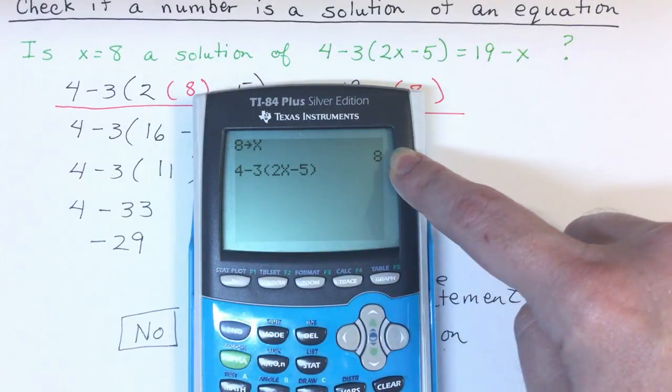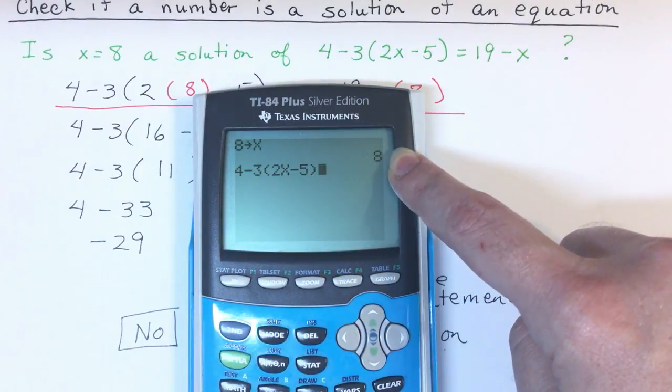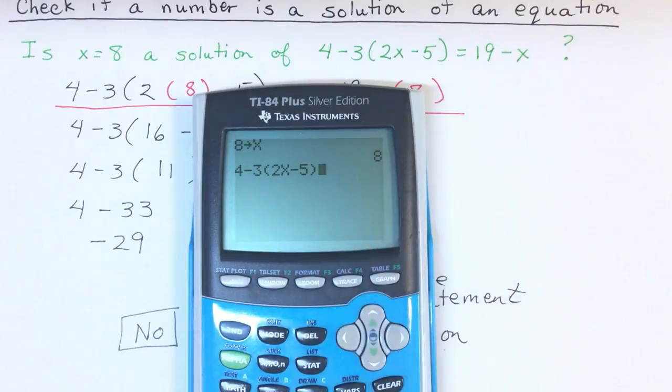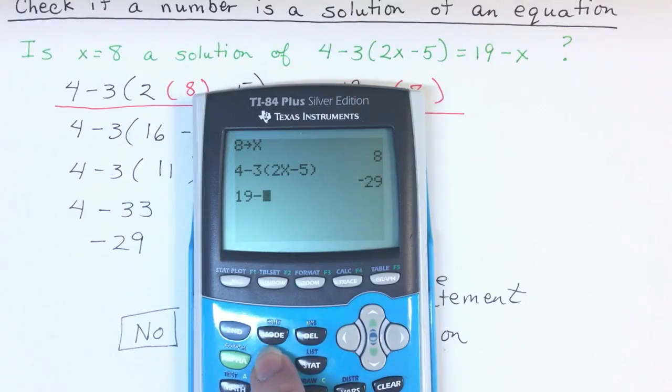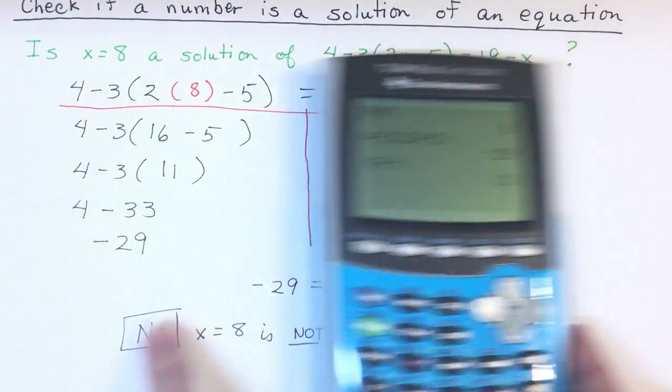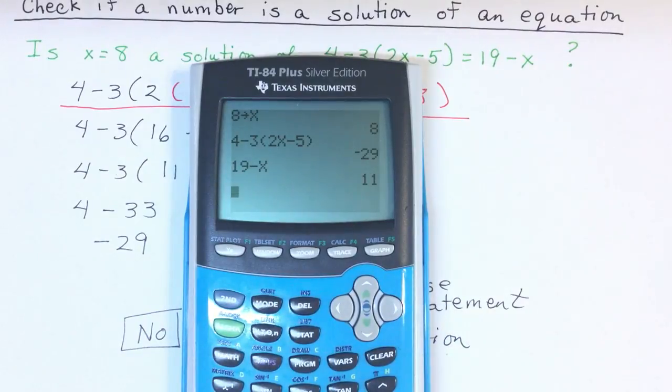And again, the calculator at this point is going to take 8 as the value of x and evaluate. Negative 29. On the right-hand side, 19 minus x, use my variable key. Again, 8 is still stored as the value for x. 11. Not a true statement. It checks, and it checks very quickly, which is nice.